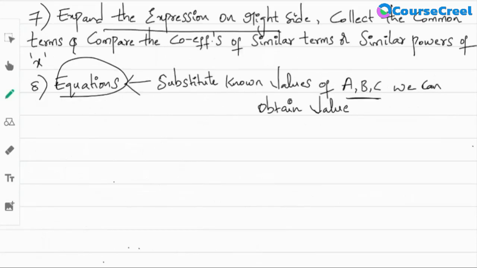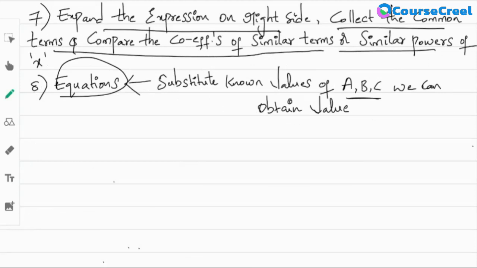Even after following this step, if we are left with any unknown value, we need to expand the expression on the right side, collect the common terms and compare the coefficients of similar powers of x on both sides. By comparing the coefficients of similar powers of x on both sides, we will get some equations, and by substituting the known values of A, B, C, we can get the unknown value.